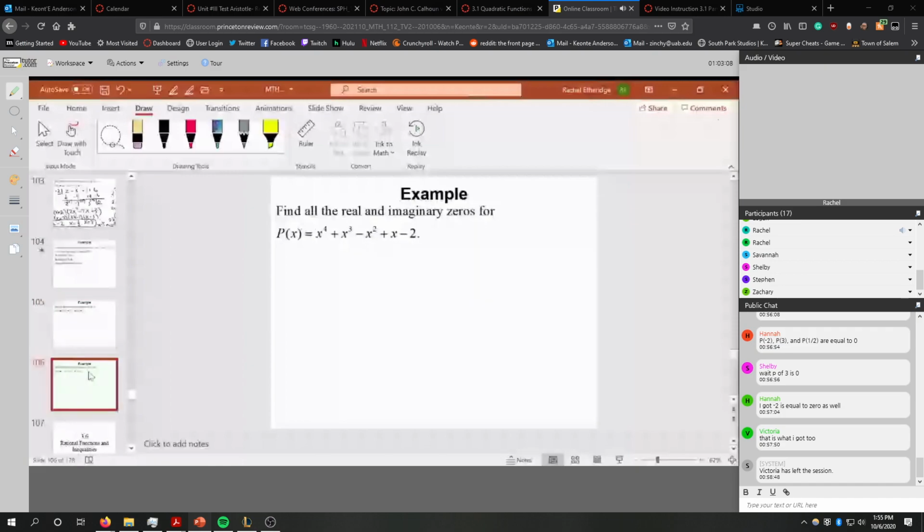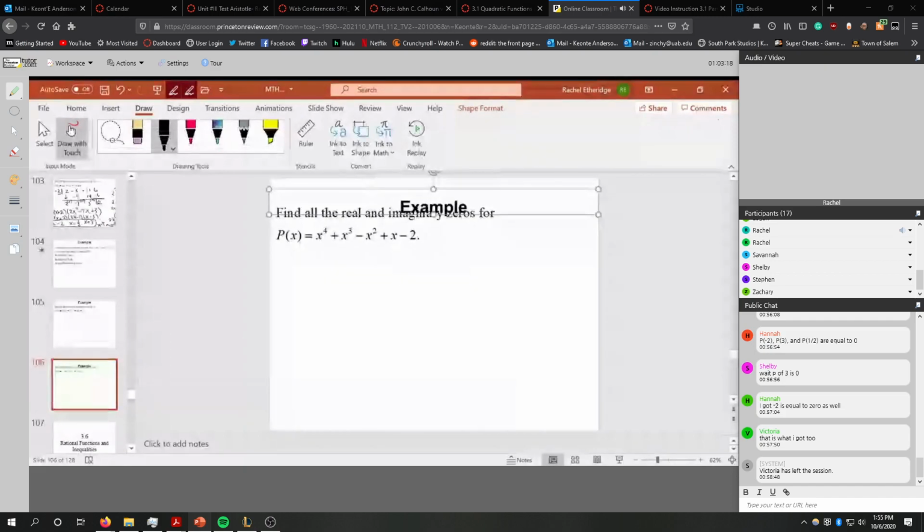So let's get our P over Q. So remember, the P comes from the last number, and the Q comes from the first number. So the factors of P are plus or minus 1 and plus or minus 2.